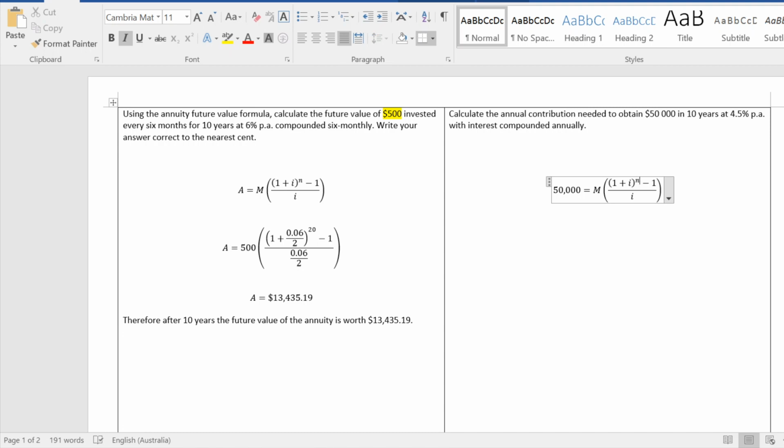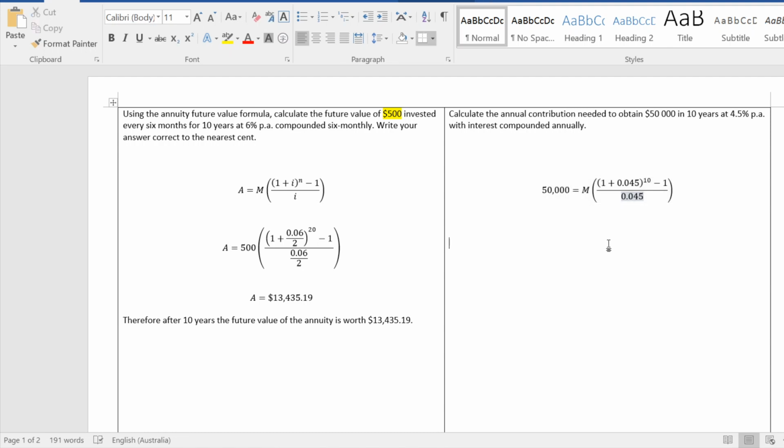Now that's going to make our N value equal to 10 because 10 years compounding once a year, 10 times 1 is just 10. Now our rate in this case is just going to be 0.045. We don't need to divide it by anything here because as you can see, it's per annum and it compounds annually. So 4.5 divided by 1 is just 4.5, which is 0.045 as a decimal.